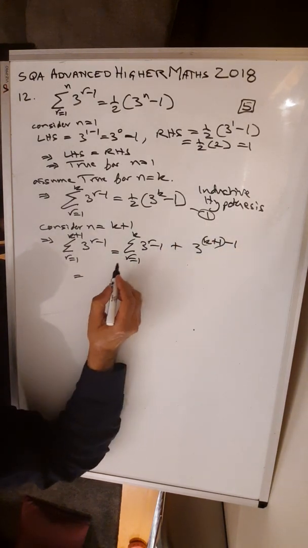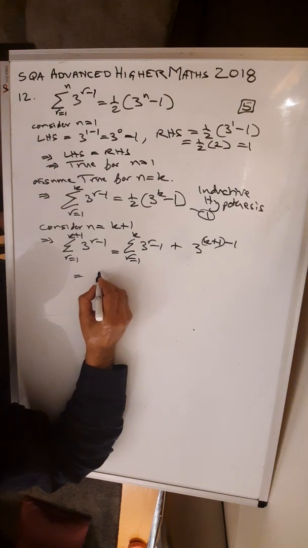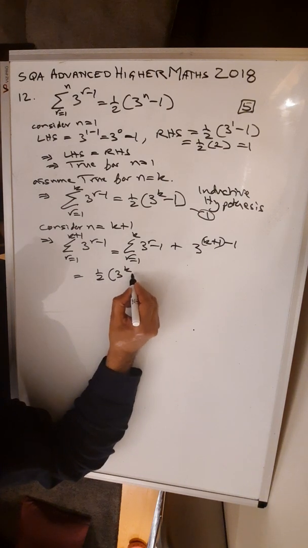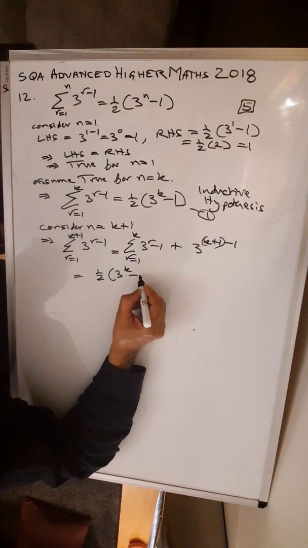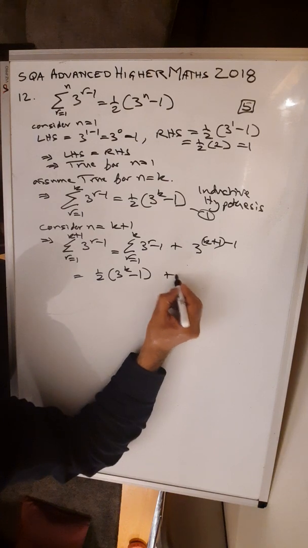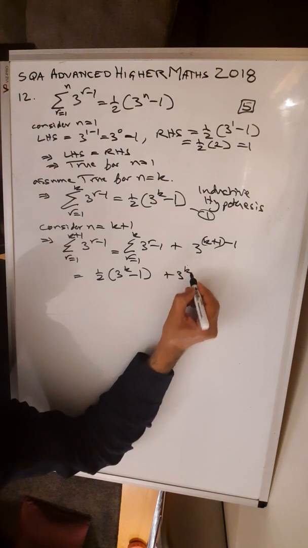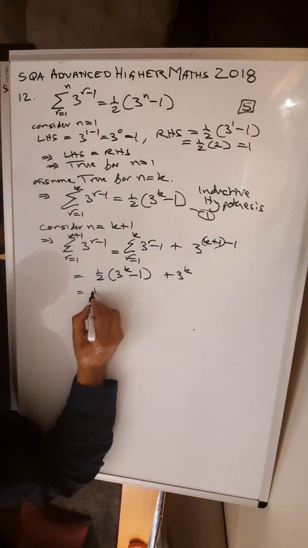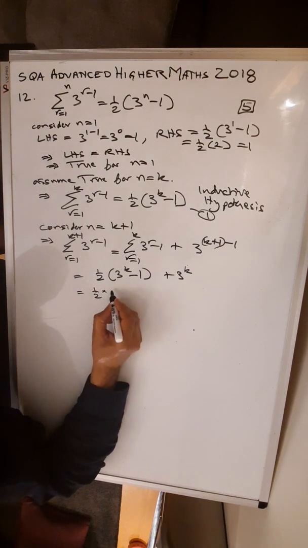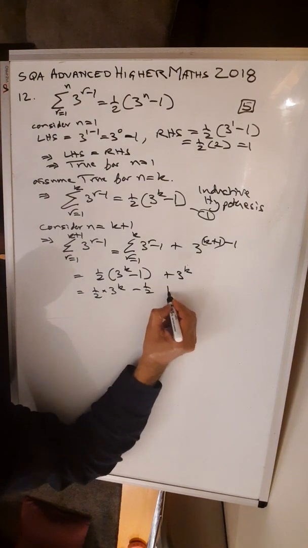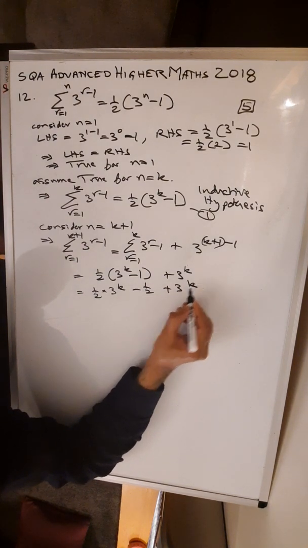Now you bring in your inductive hypothesis here. So what you have is half times (3^k - 1) plus 3^((k+1)-1), which is just 3^k, which is equal to half times 3^k minus a half plus 3^k.